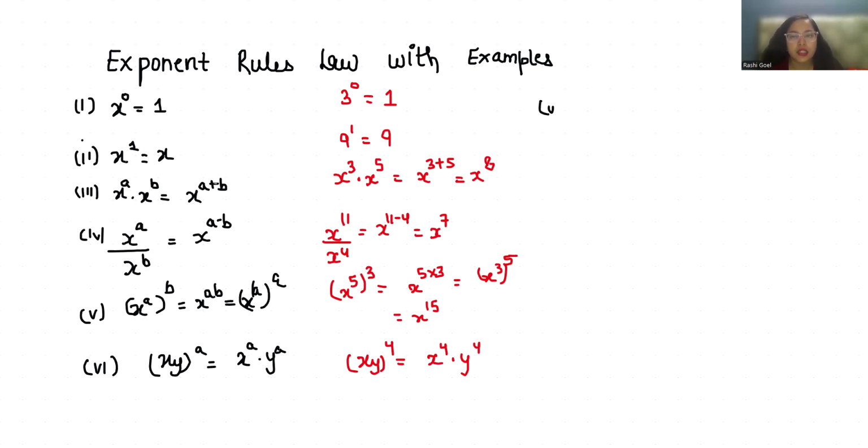Seventh rule, x by y whole power a, we can write it as x power a by y power a. For example, x by y whole power 6, we can write x power 6 by y power 6.